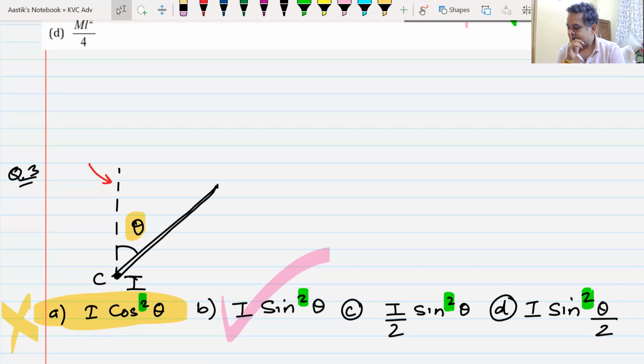Substituting theta, sir. If you put theta as 0, answer should be? I. If you put theta as 90, answer should be? I, sir.